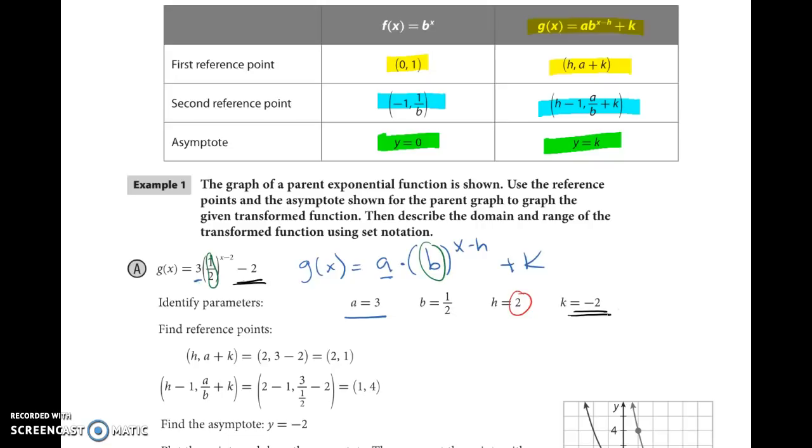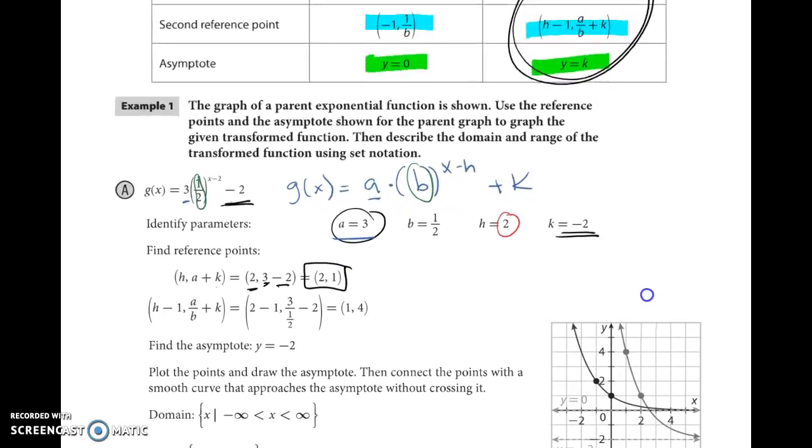So let's use these transformational points, plug them in, and find my points. I take h and plug it in and I get 2. I plug in a, which is 3, and I plug in k, which is -2. If I simplify this, I get 2, comma, 3 minus 2 is 1. So 2, comma, 1 is going to be one of my points. For my second point, I have h minus 1. h we said was 2, so 2 minus 1 is how I get 1 here.